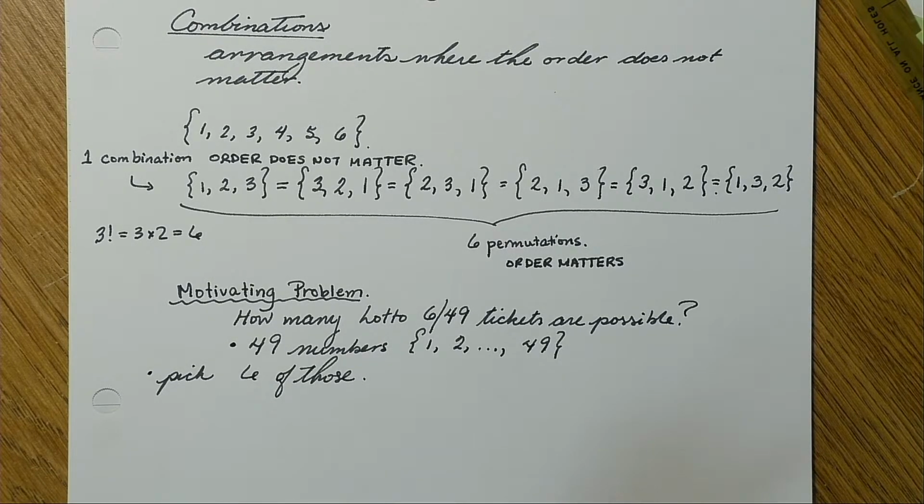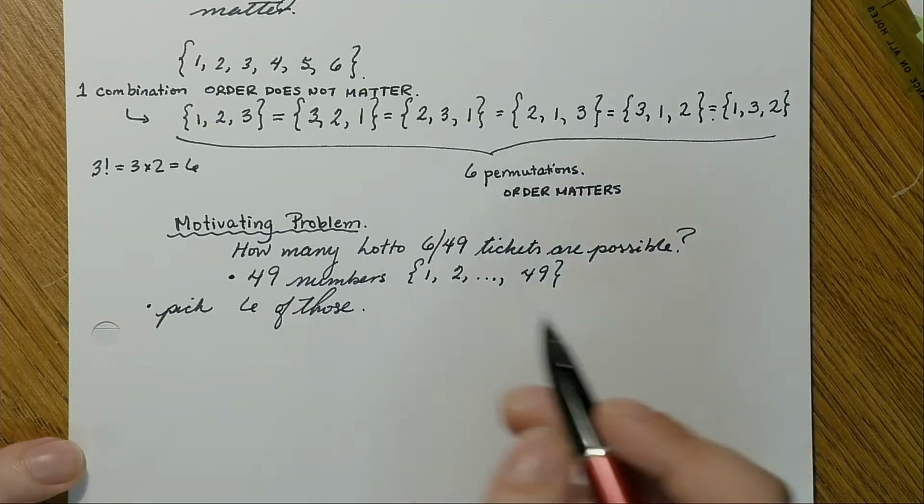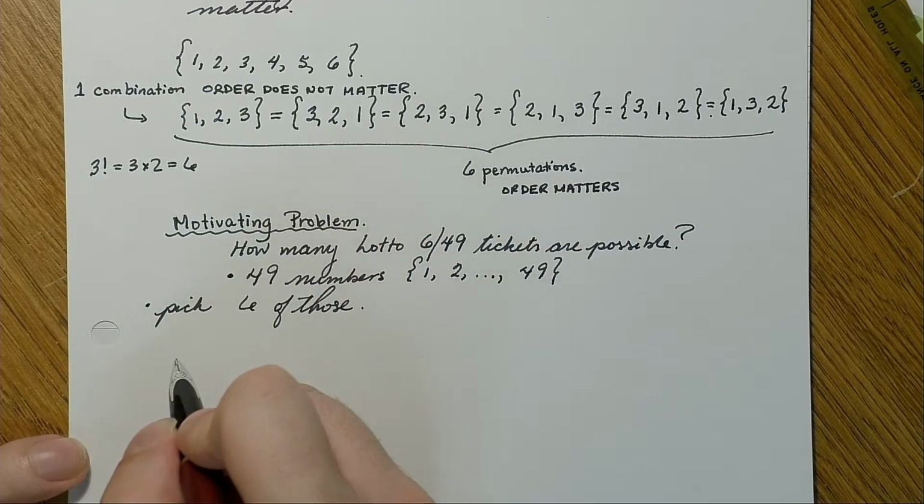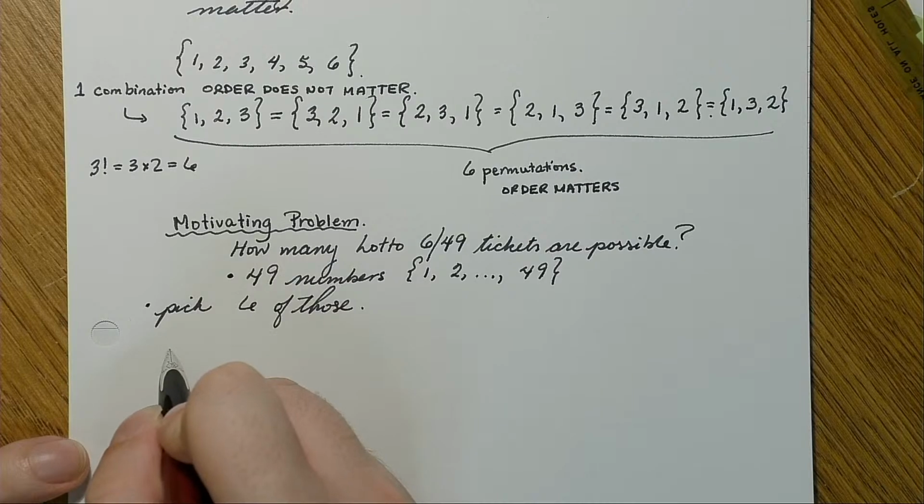So with a lottery ticket, none of the numbers repeat, and the order does not matter. Since the order doesn't matter, it's a convention to write the numbers in ascending order.